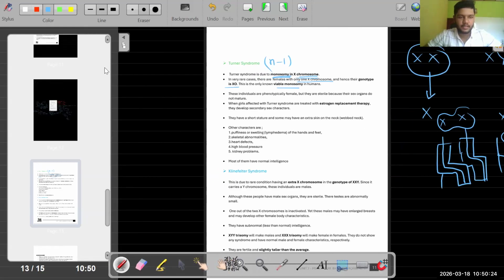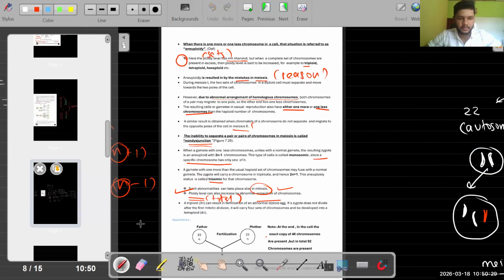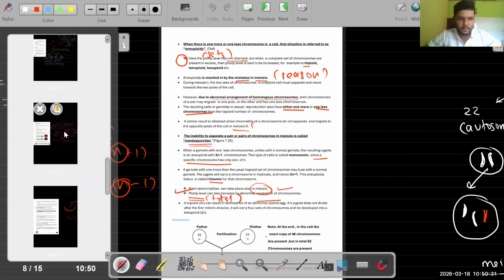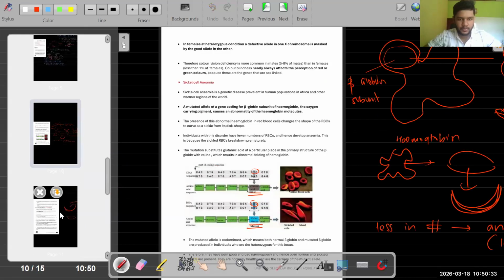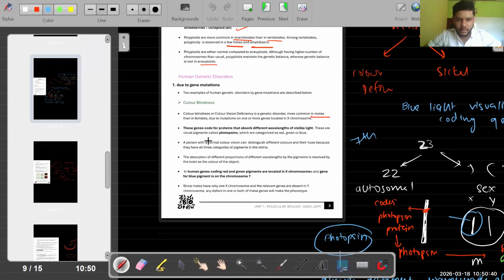If you find it difficult to understand, let's go to the previous part. See here, this would be helping you. We learned about color blindness, right?